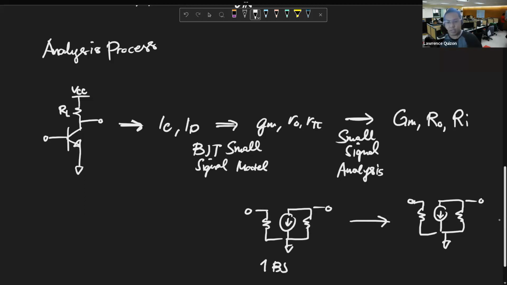This is one BJT. This is for the amplifier itself. So this is how the small signal analysis process goes. All right? So, any questions about what we've covered so far?